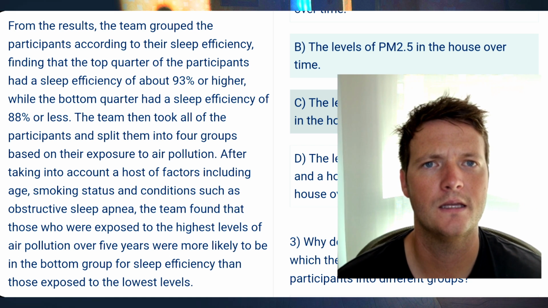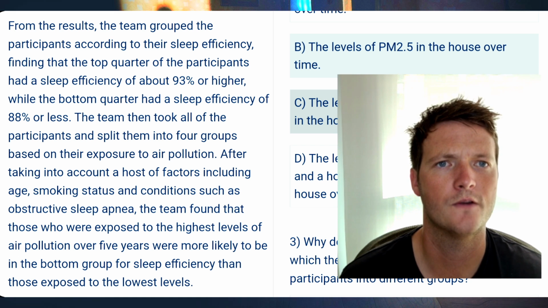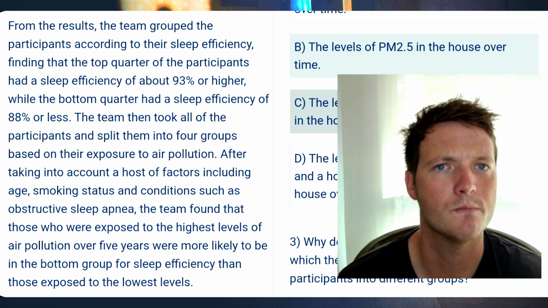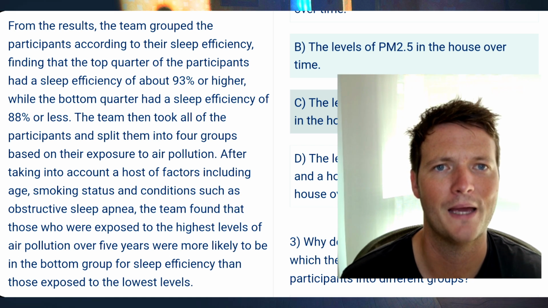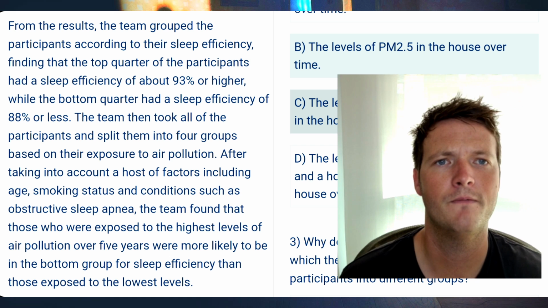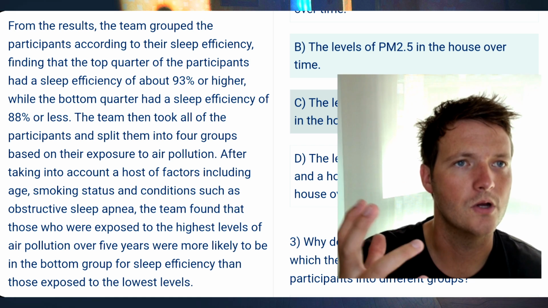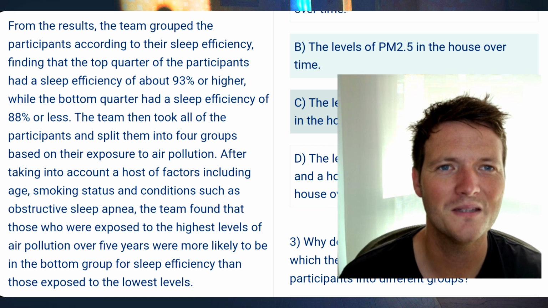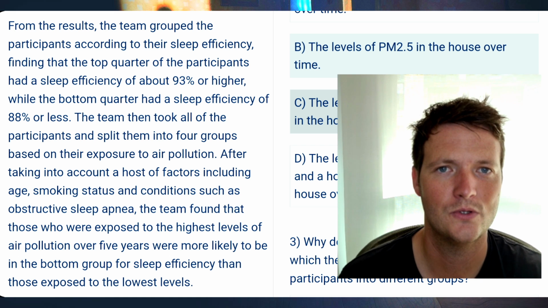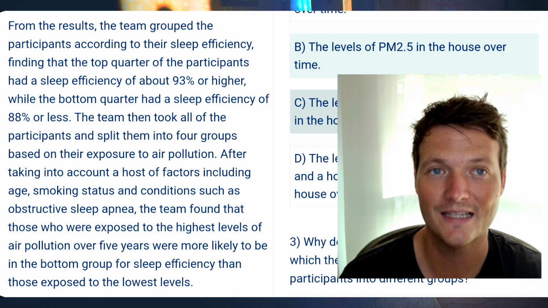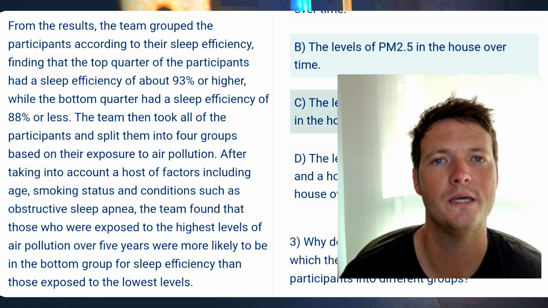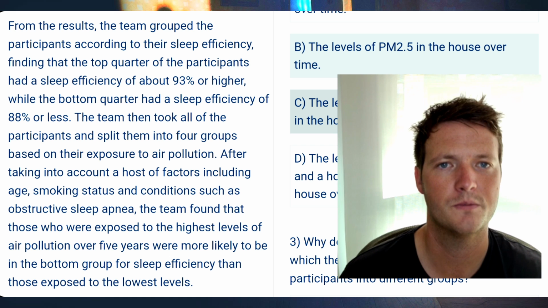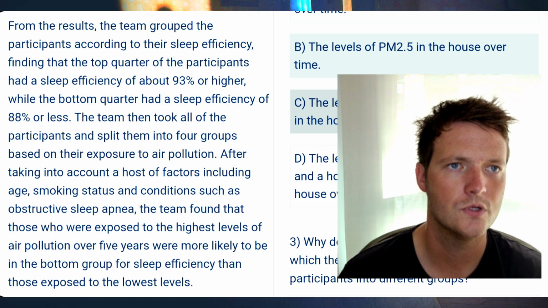After taking into account a host of factors including age, smoking status, and conditions such as obstructive sleep apnea, the team found, which I think is snoring, no? The team found that those who were exposed to the highest levels of air pollution over 5 years were more likely to be in the bottom group for sleep efficiency than those exposed to the lowest levels.